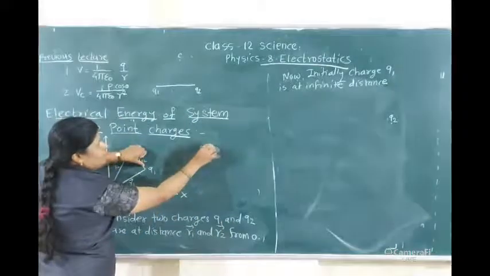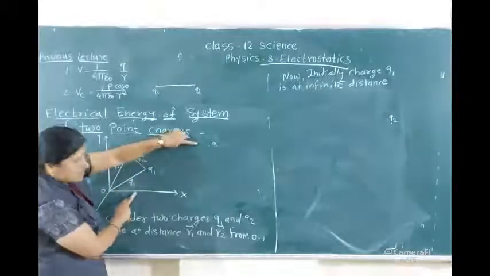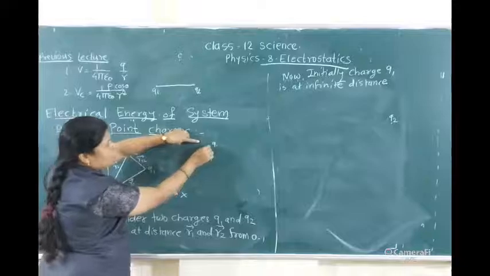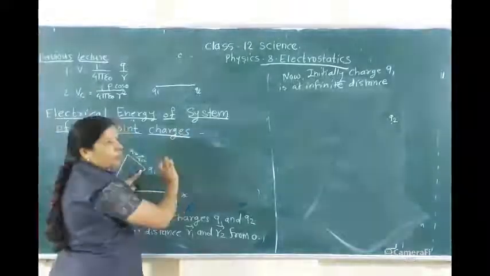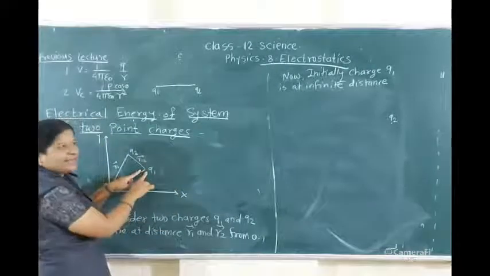For example, the charge is at this distance, and for the system this is at an infinite distance. We have to bring this charge to this point. So we have to do work for bringing this charge from this point to this point.